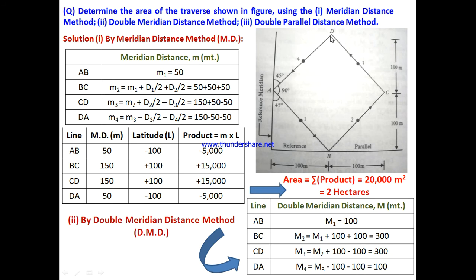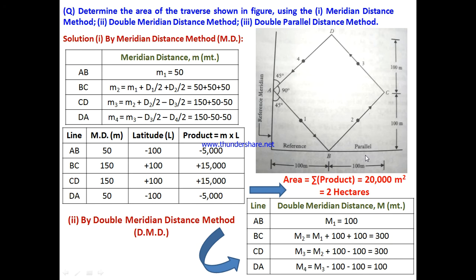In this manner, the double meridian distance will be equal to meridian distance of C plus meridian distance of D. Now meridian distance of C will be 100 plus, or we can say B plus this value.